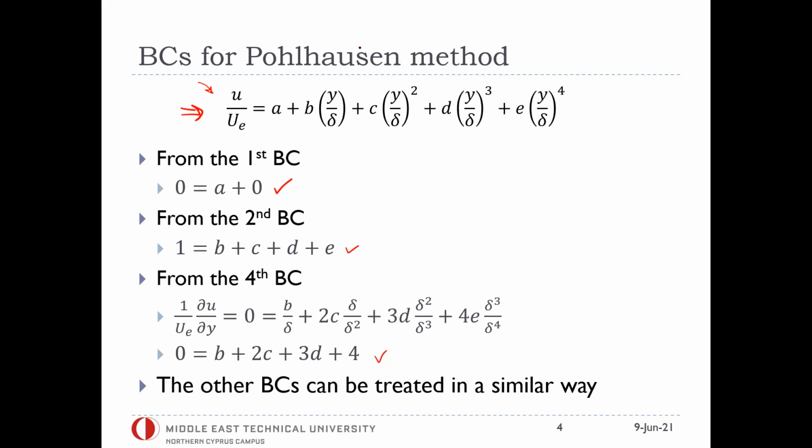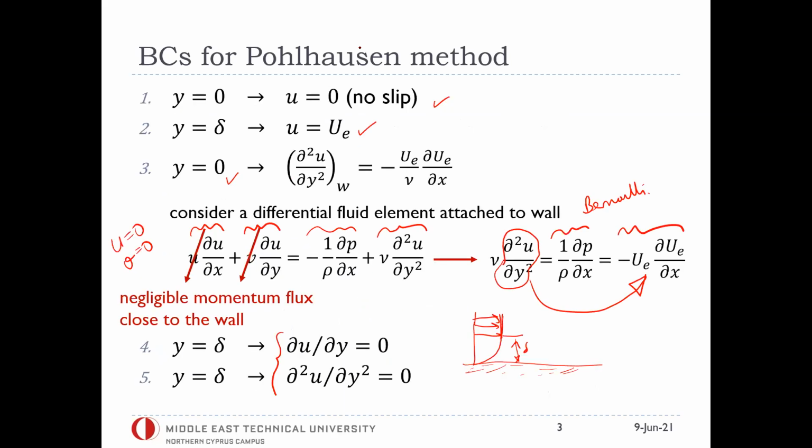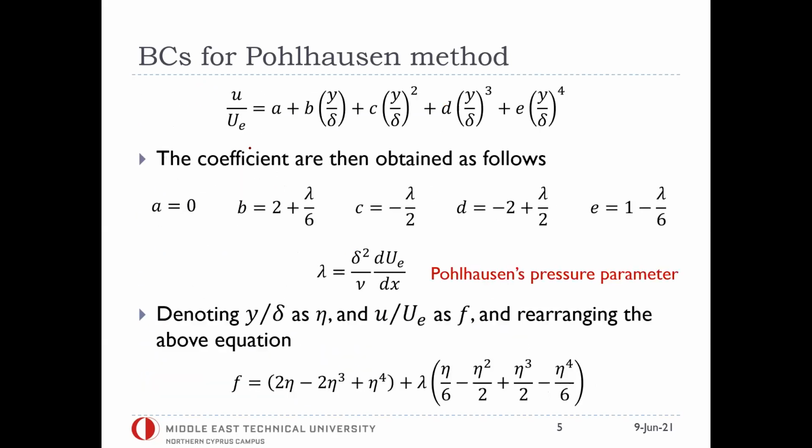And we have 2 more. The third boundary condition is imposed on the second derivative of the shape of the function. And we have another imposition again on the second derivative of the function, but at y equal to delta. This was at y equal to 0. So when we do all of this, we get values for these 5 coefficients.